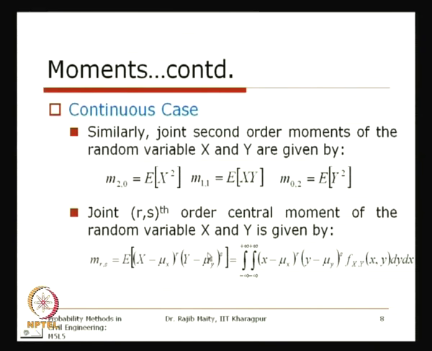So, you can see that for the continuous case we have discussed more about the central moment as well as the different orders of moments, and for the discrete case we have just started with the general expression of the moment.